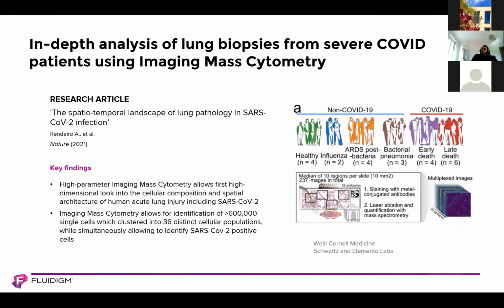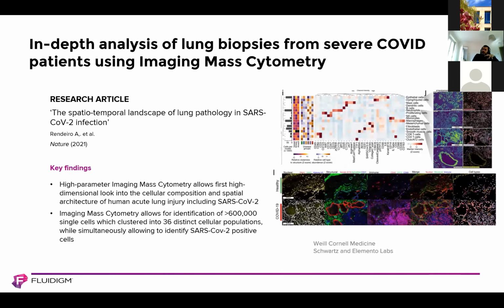They compared these to non-COVID-19 deaths, specifically also deaths induced by acute respiratory distress syndrome, but by other infectious diseases like bacterial pneumonia or the type of infectious diseases mentioned beforehand. And by taking these sections and applying a 38 antibody panel, they were capable of not only identifying all these different unique immune and epithelial cell types that, of course, reside in the lung per se.